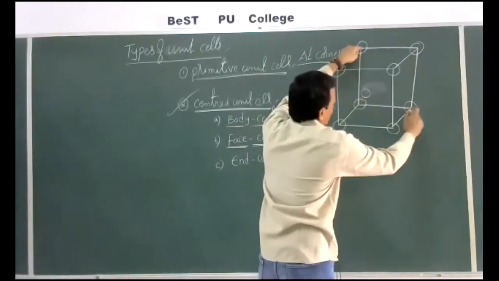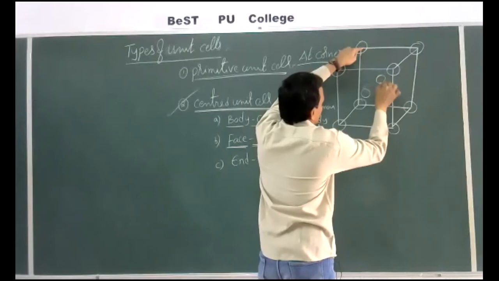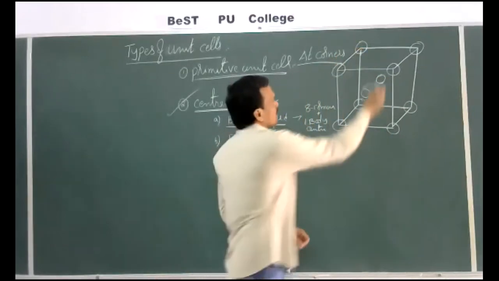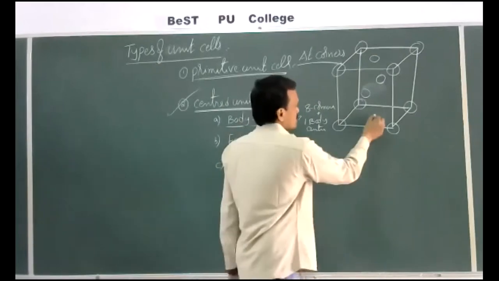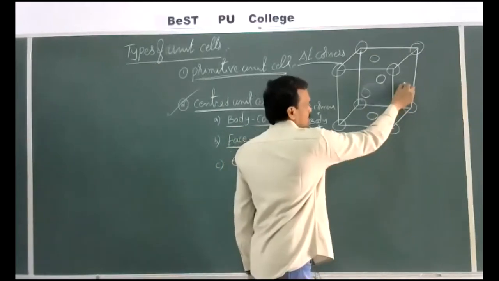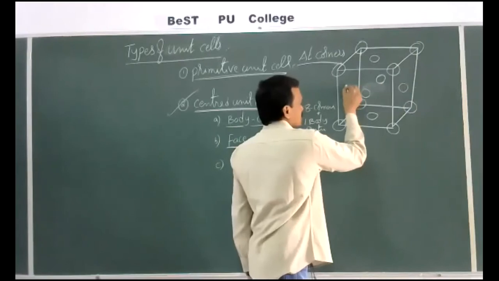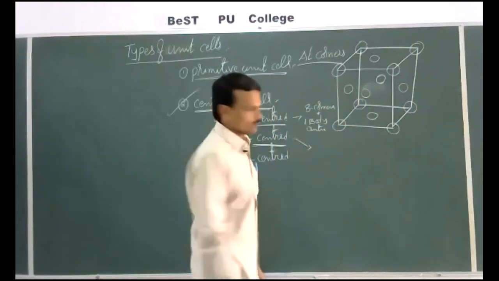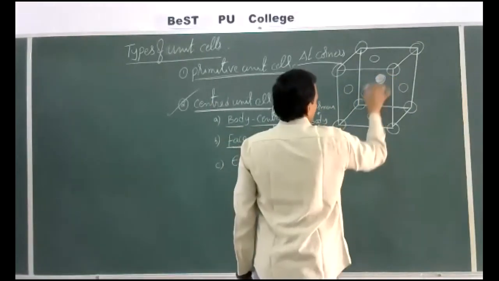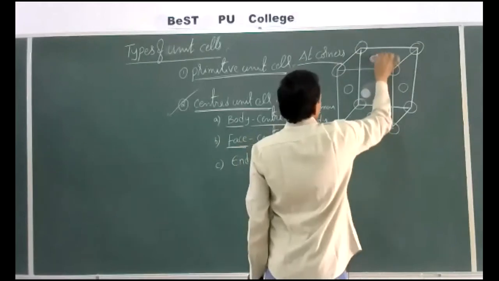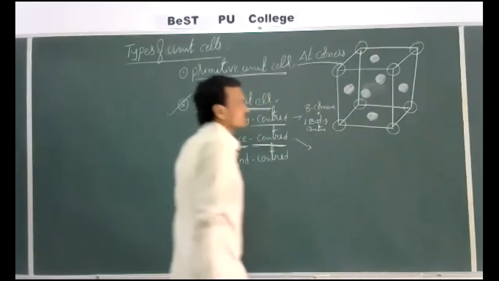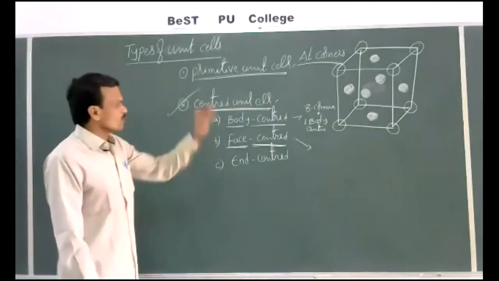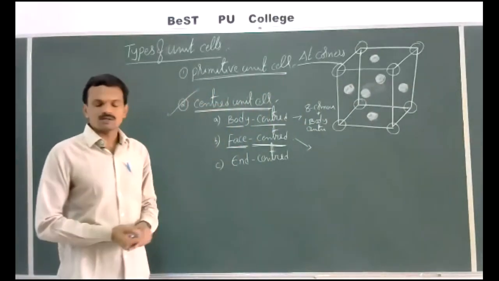This is the back face, this is the center of the back face. Top face, this is the center. This is the bottom face center. This is the face center at right hand side. This is the face center at left hand side. These are the particles I mentioned, in addition to corner particles. This is called a face centered unit cell.